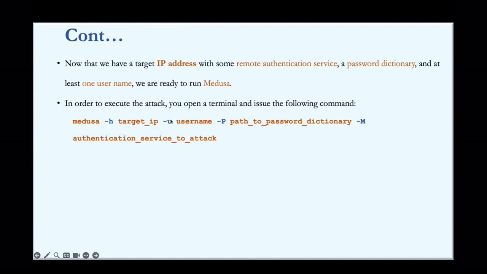If you use the capital U switch, then you need to provide a list of usernames, as we just guessed, ben.owned or benowned, b.owned. So you put all those usernames, one per line, in a txt file and give the file path here using capital U. So we have the target IP address, the target host username or username list, and the target host password list.